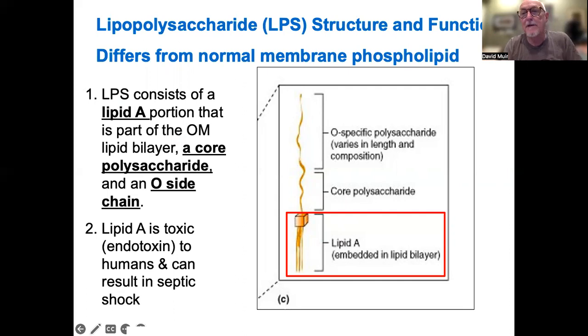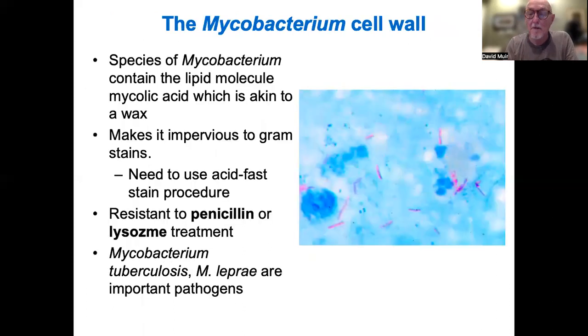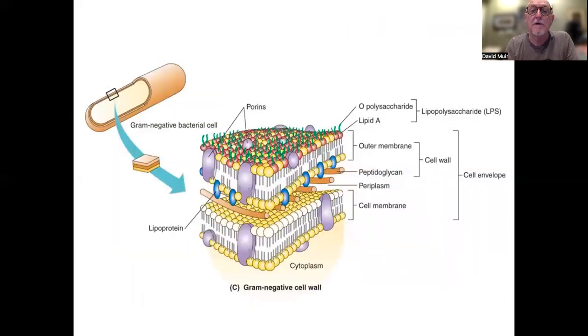You cannot simply flood a person with antibiotics, kill off all of the bacteria, have them disintegrate, and release lipid A into circulation, because it will result in a very, very severe immune response from the host.